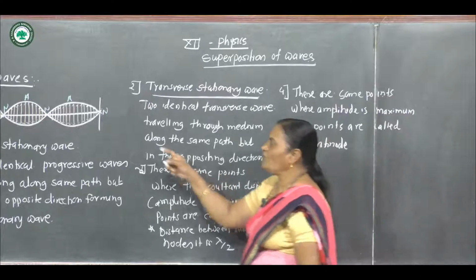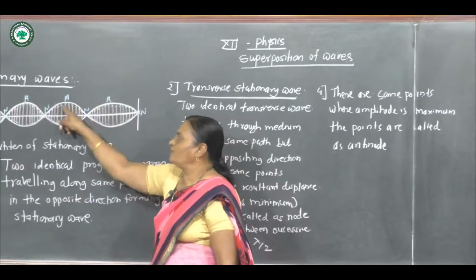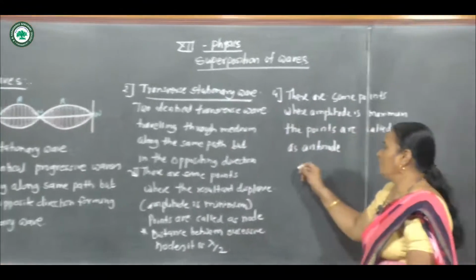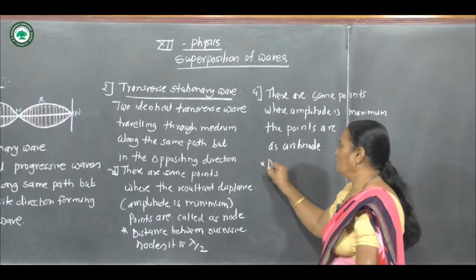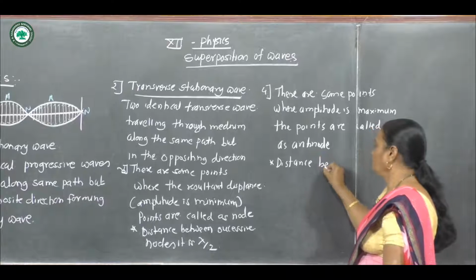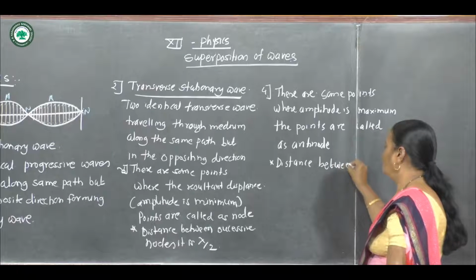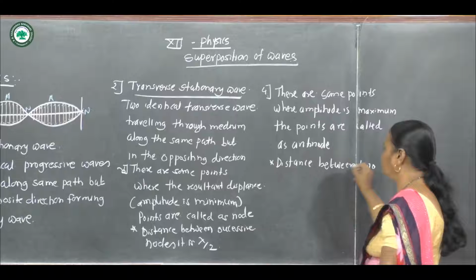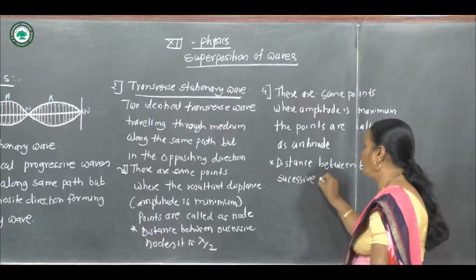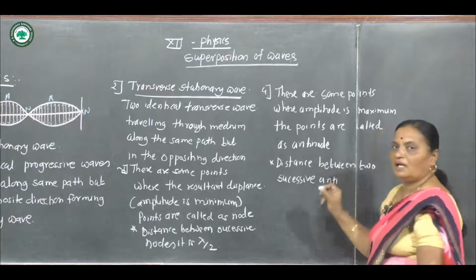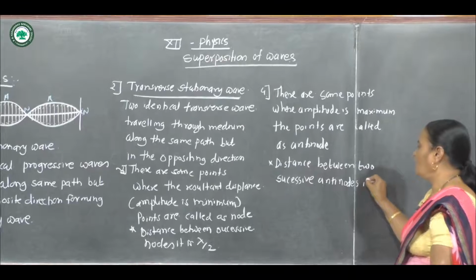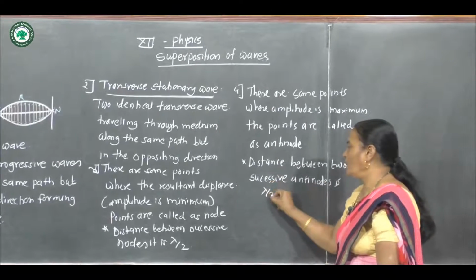See, here the points having maximum amplitude are called antinodes. Now, the distance between two successive antinodes is lambda by 2.